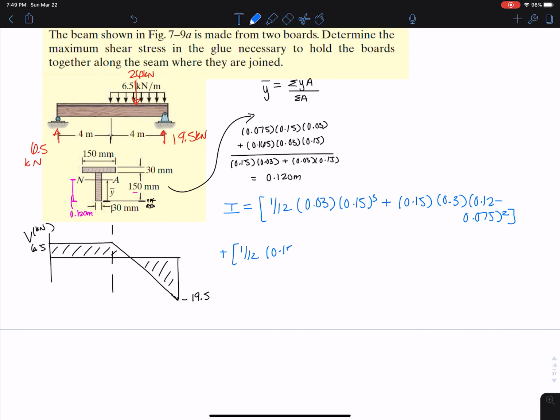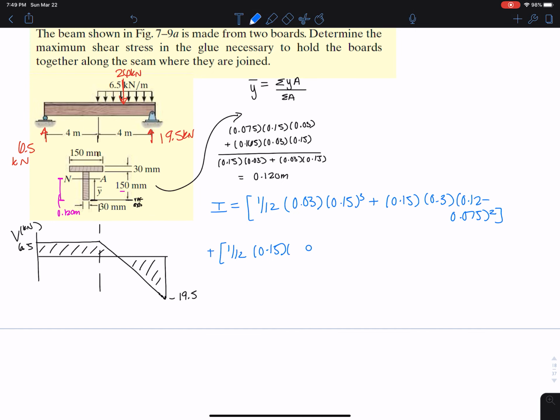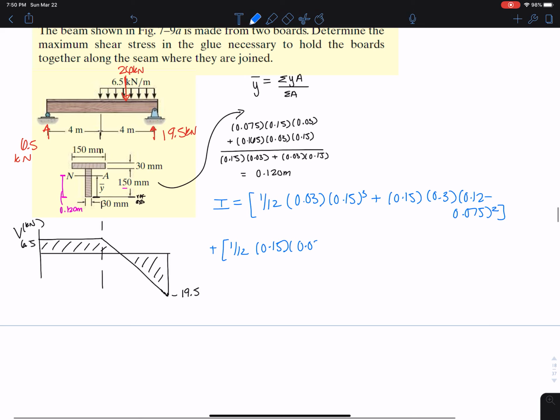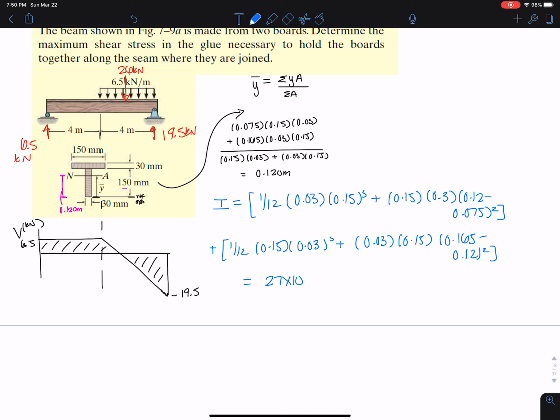Make sure you're getting these values when you try this. And we get a value here of 27 times 10 to the negative 6 meters to the fourth.